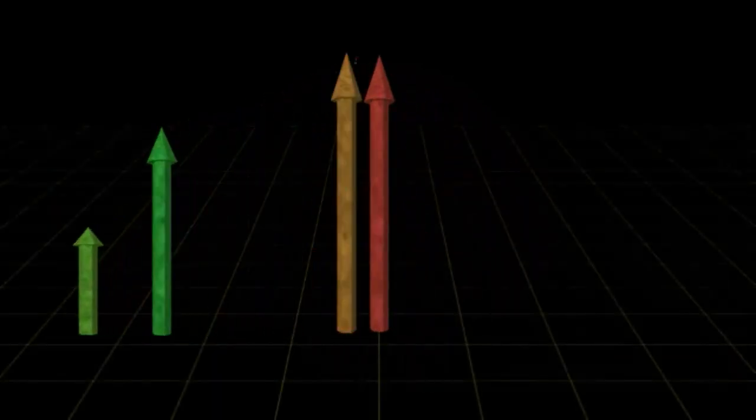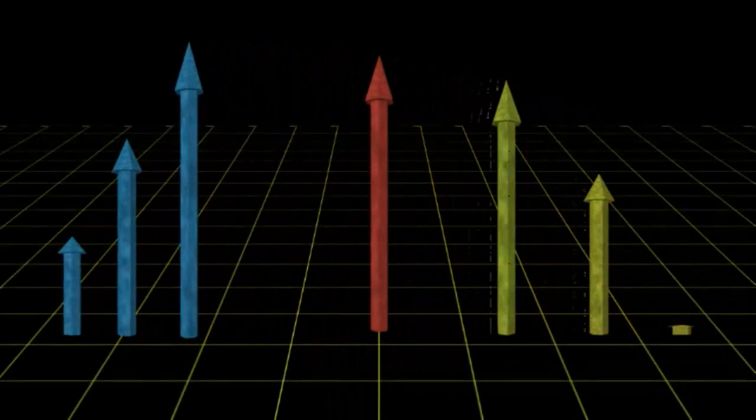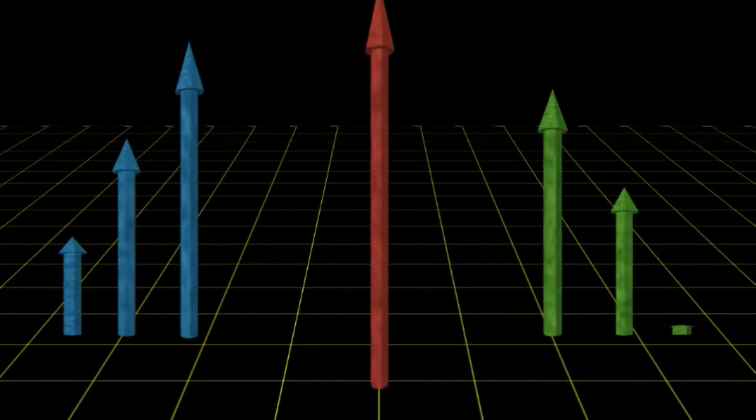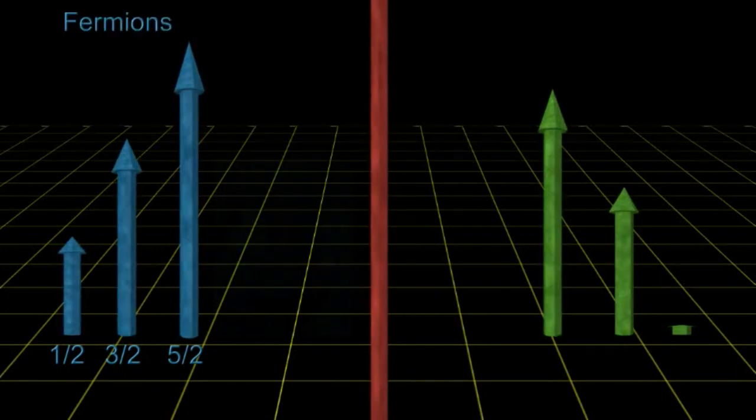The fact is that the property called spin is quantized as well. No big surprise. And all the particles fall into one of two different families because of this. Those particles that have spin equal to 1/2, or 3/2, or 5/2, and so on, form the family called fermions.